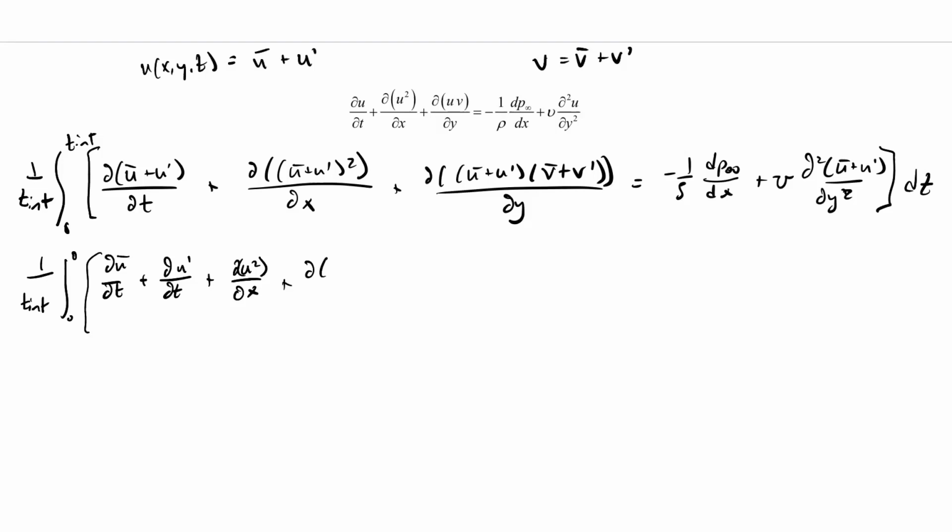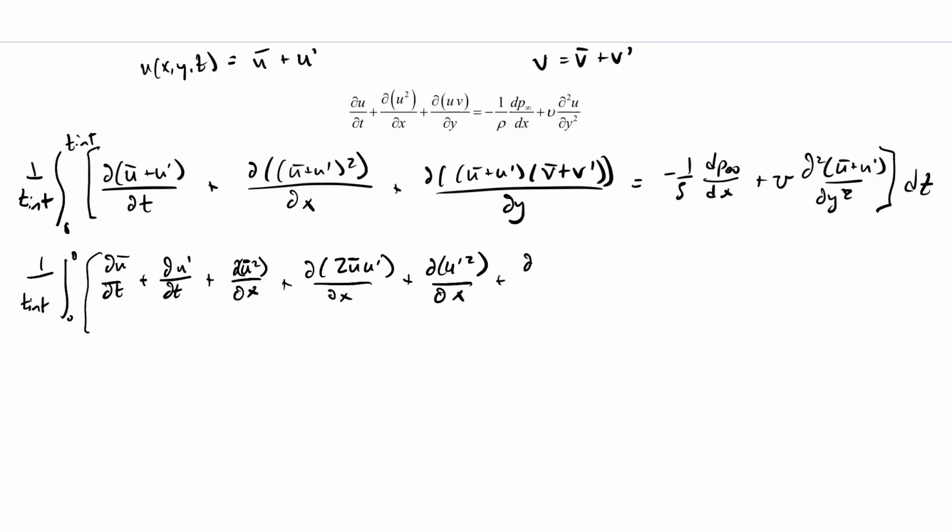In the second one, we get 2 u bar u prime. So just what I did here, d u bar squared dx plus d 2 u bar u prime with respect to x. And then the next one, we end up with d u prime squared dx.